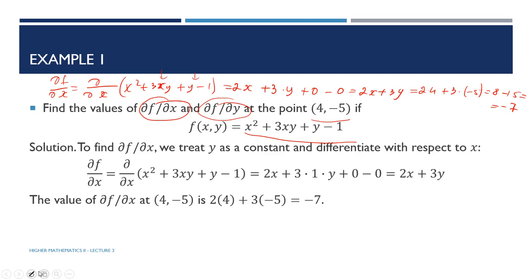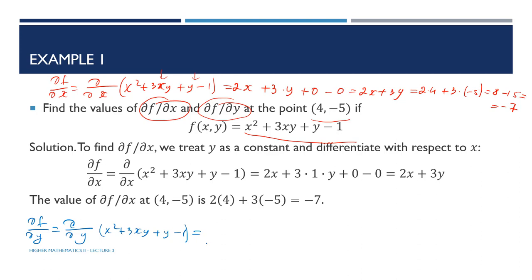Now let me calculate ∂f/∂y also. So ∂f/∂y equals ∂/∂y of x squared plus 3xy plus y minus 1.